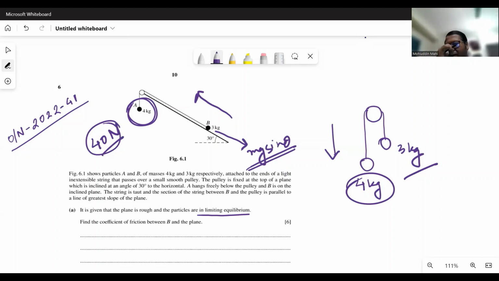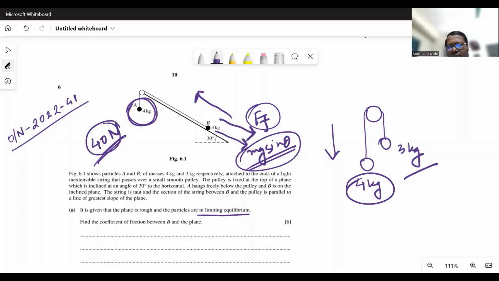So there is also an additional force acting in this direction, and that will be the frictional force. I think you have understood it. So that means 40 Newton is supported by the frictional force and the component of weight of the 3 kg mass. So the frictional force is acting in the downward direction along the slope.